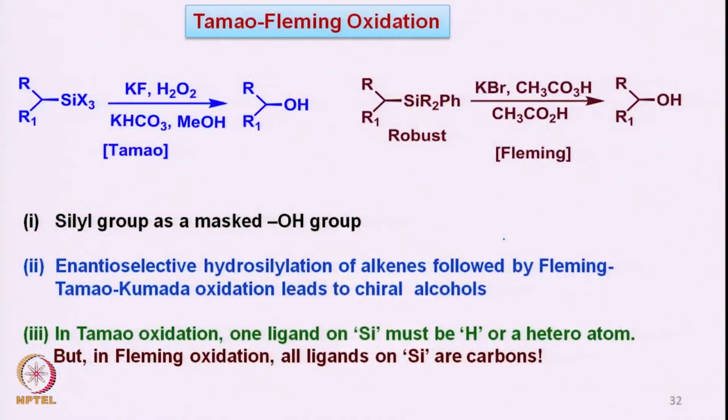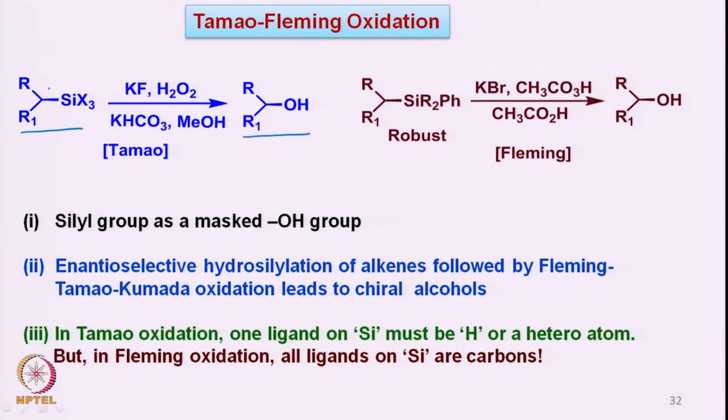Now we go to another oxidation, and that is called the Tamao-Fleming oxidation. In the Tamao-Fleming oxidation, a carbon silicon bond of this type is converted to the corresponding carbon oxygen bond.